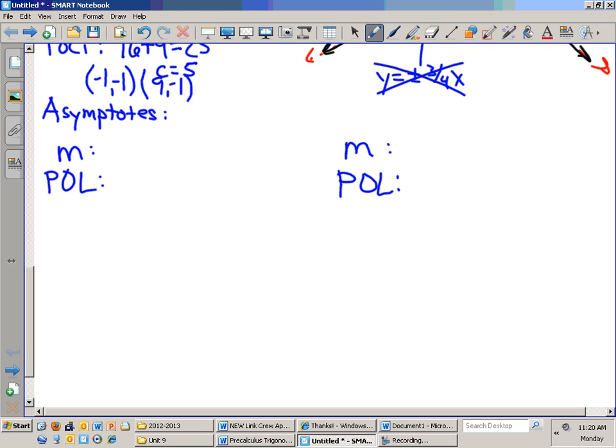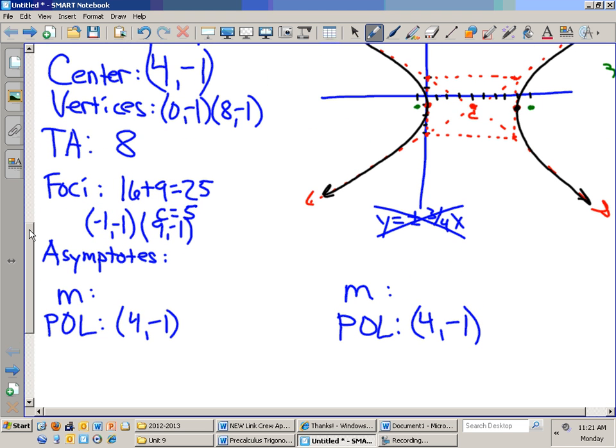Your center, yep, which is 4, negative 1. And then m is your slope. What is the slope of these? As you look at the box, what's the rise of the box? 3. What's the run of the box? 4. So we have positive 3 over 4, or we have negative 3 over 4.